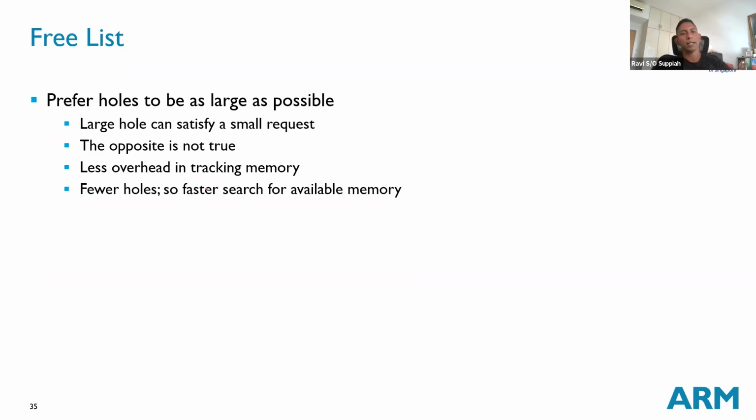Generally, if your holes are large, meaning I have a huge chunk of memory available, I can always satisfy the request that comes in as long as it is within the space. It's always better to have more space and small requests. Whereas if you have very little space and a large request, you can't do it. That is where the keeping track and the list comes in.